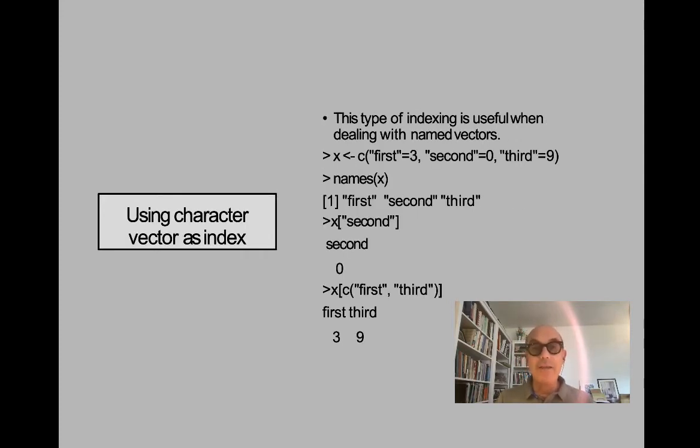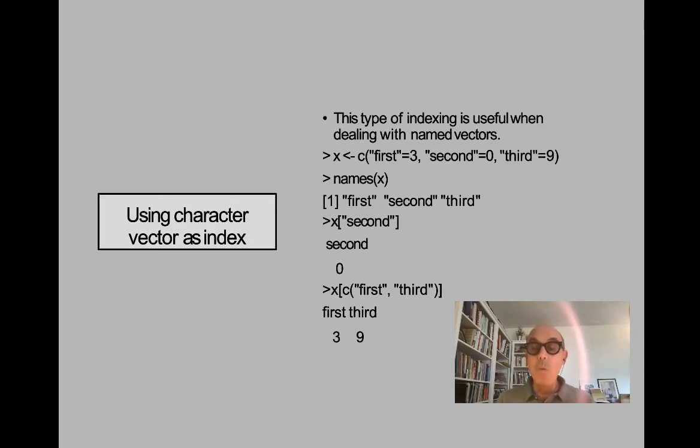Using a character vector as an index will display how it applies in the R environment. So I have a container where first equals 3, second equals 0, third equals 9. I will ask for the names and it will give me first, second, and third.